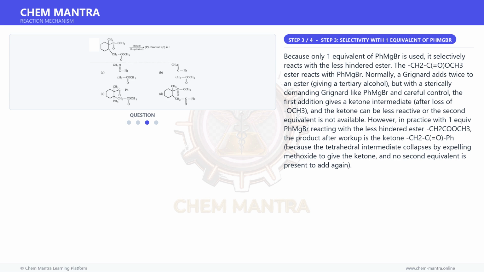However, in practice with 1 equivalent of PhMgBr reacting with the less hindered ester CH2COOCH3, the product after workup is the ketone CH2C=OPh, because the tetrahedral intermediate collapses by expelling methoxide to give the ketone and no second equivalent is present to add again.